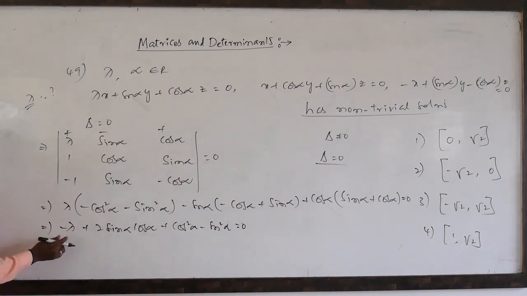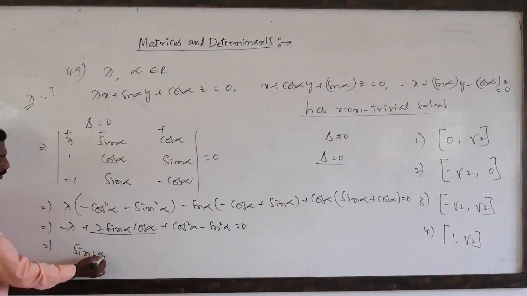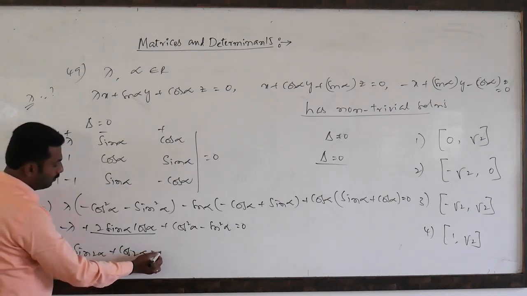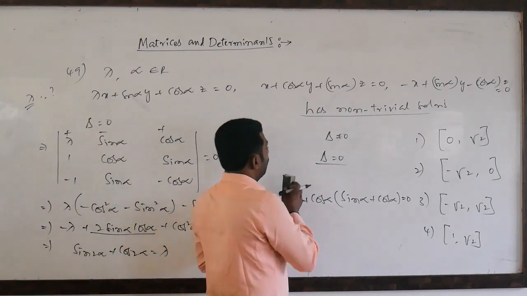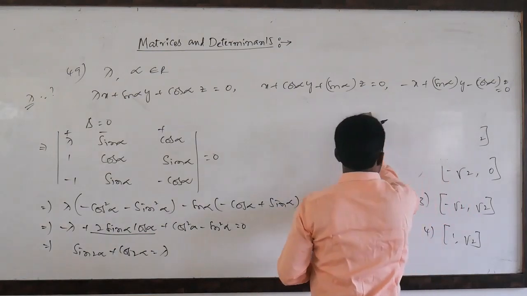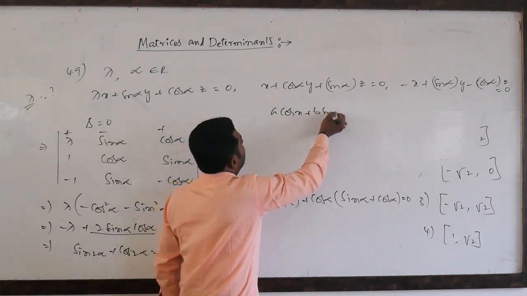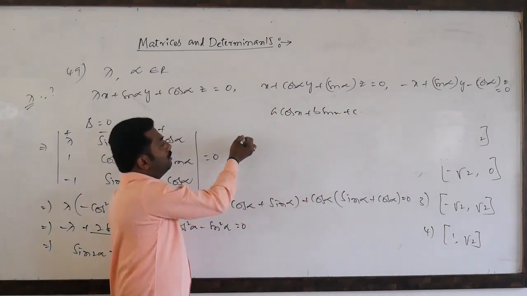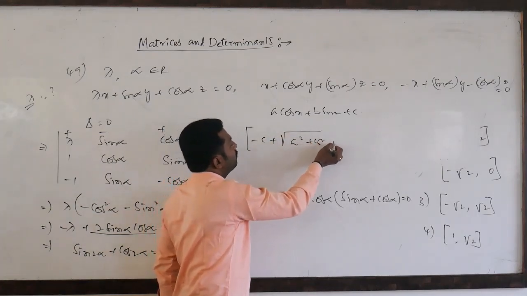So very clear, lambda is on that side. 2 sin alpha cos alpha means sin 2 alpha, and cos square alpha minus sin square alpha means cos 2 alpha, equal to lambda. You know the condition: for a cos x plus b sin x plus c equal to 0, the range is minus c minus root of a square plus b square to c plus root of a square plus b square.